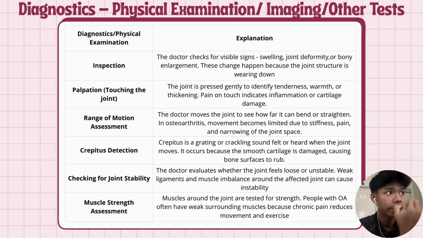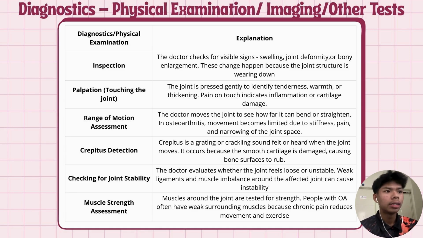This change happens because the joint structure is wearing down. Okay, next, palpation. The joint is pressed gently to identify tenderness, warmth or thickening, and pain on touch indicates inflammation or cartilage damage.